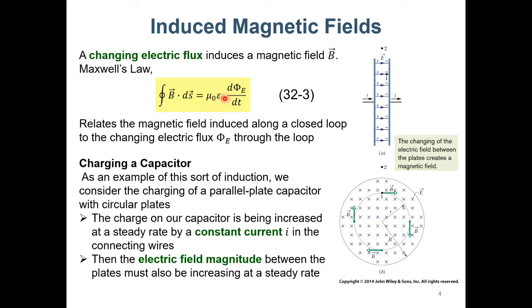So the derivative of it is proportional to this term, which means that if the electric flux over this surface is changing, then it will generate a magnetic field. This is implied by this so-called Maxwell's law.